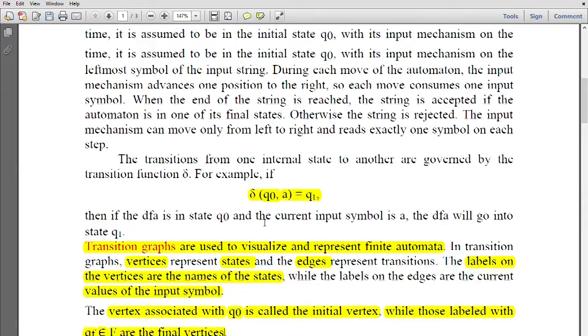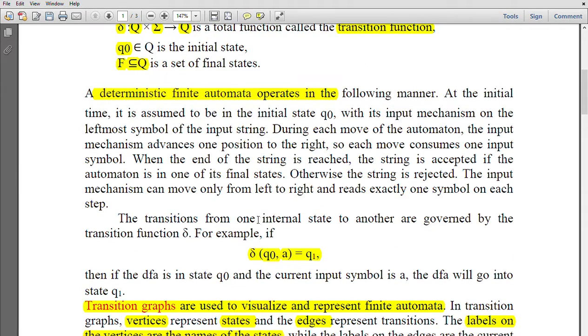So this is the transition graph, and this was the transition function defined, and it is written all those things which we have already seen in the given figure. We can see, when the end of the string is reached, the string is accepted if the automaton is in final state, otherwise the string is rejected. We have already said those things while we were looking at the figure.